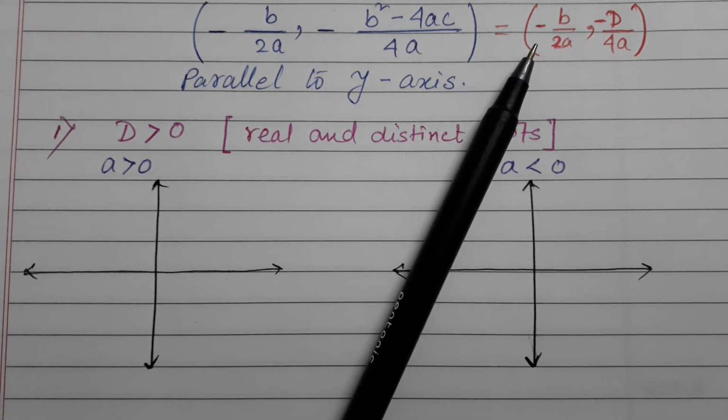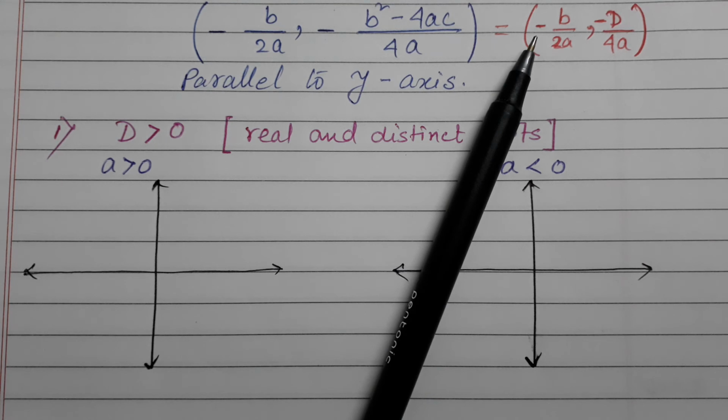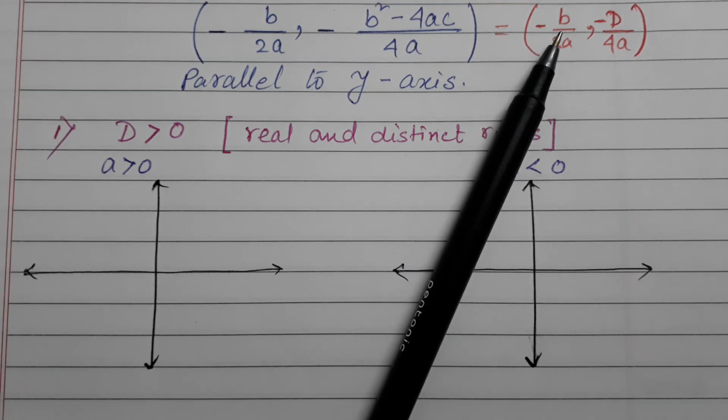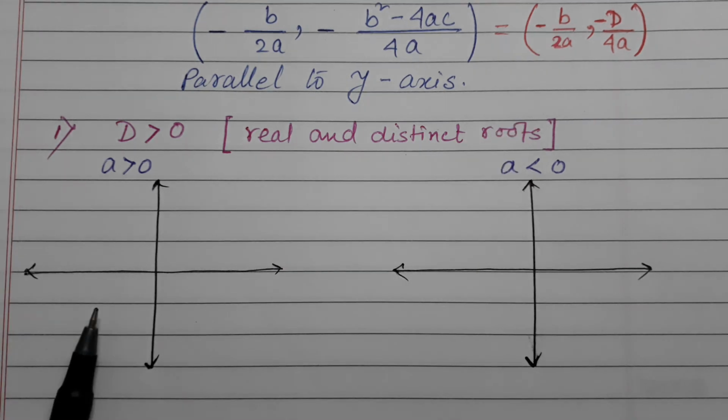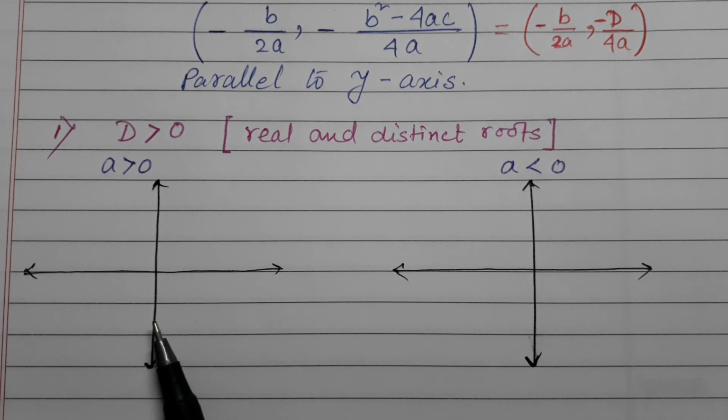Now, fourth or third, it depends on b. Because a is already positive and there is a negative sign, if b is positive, the x coordinate will be negative. Hence, the vertex will be in the third quadrant. Similarly, if b is negative, then the vertex will be in the fourth quadrant. And if b is 0, the vertex will be on the y-axis.